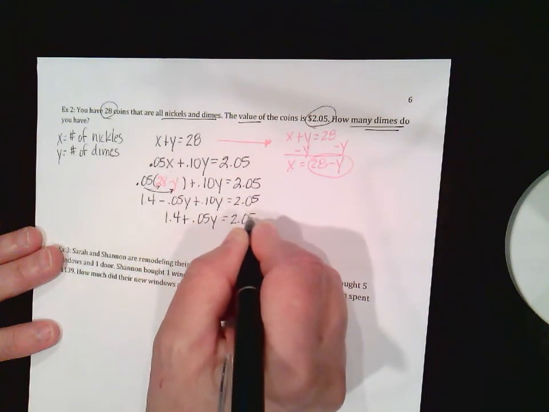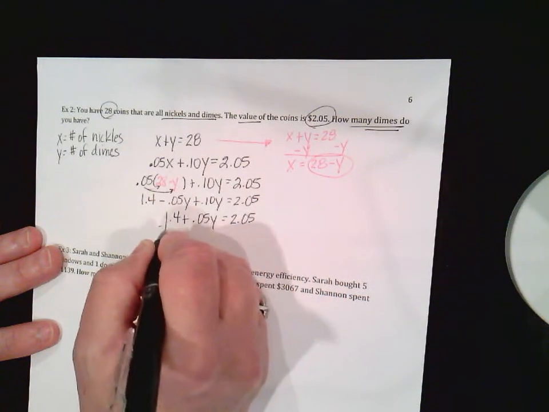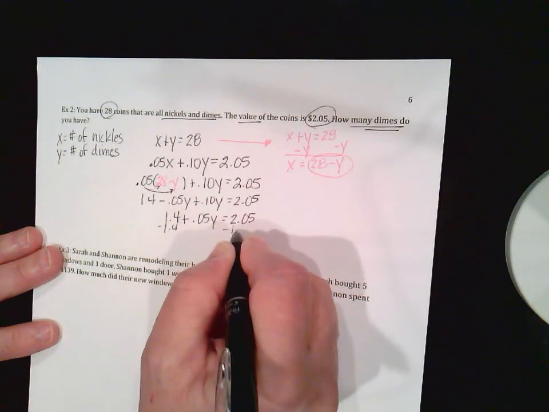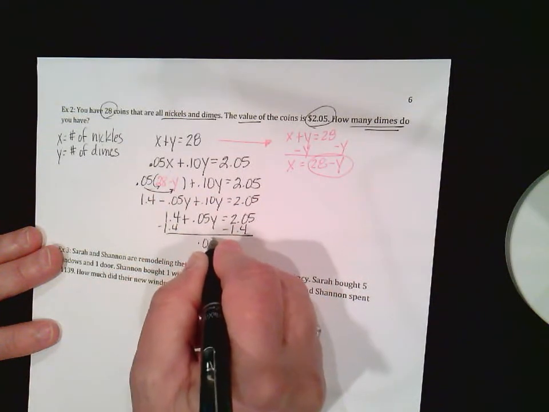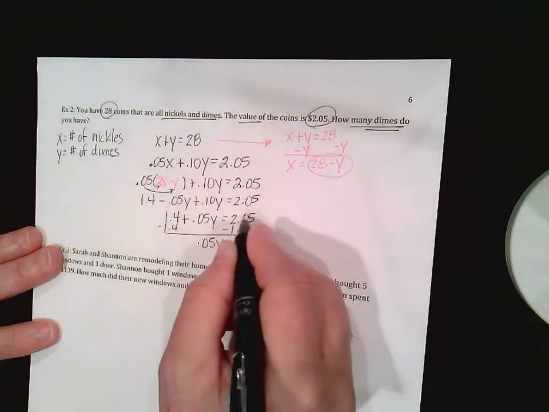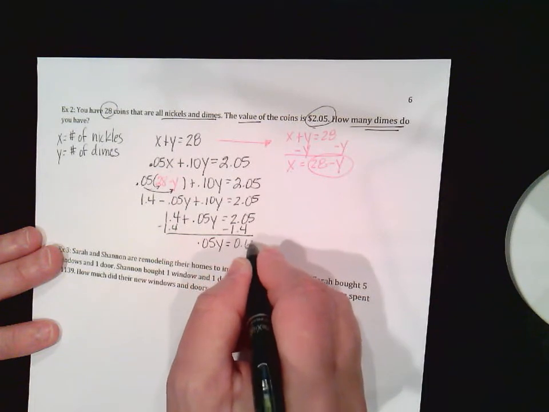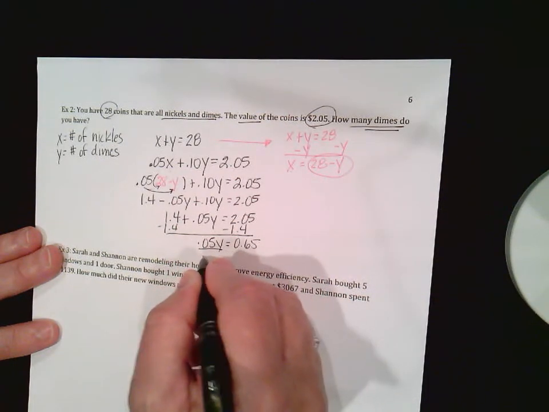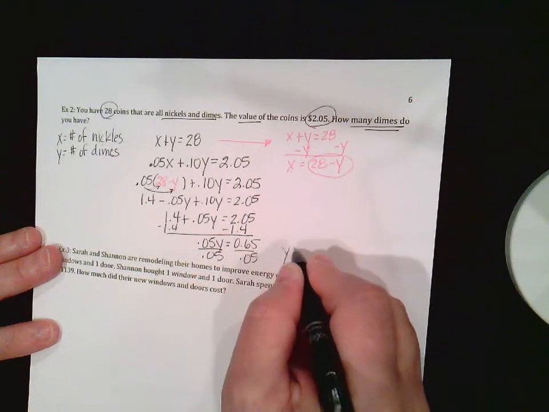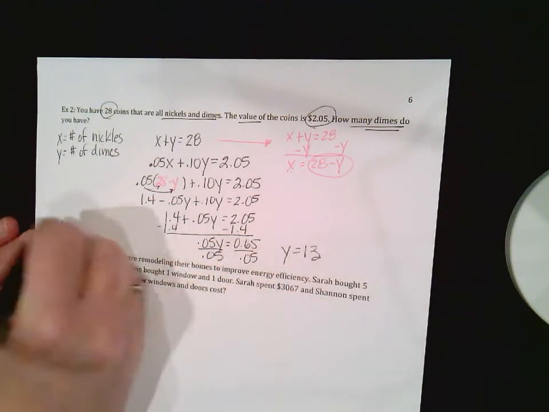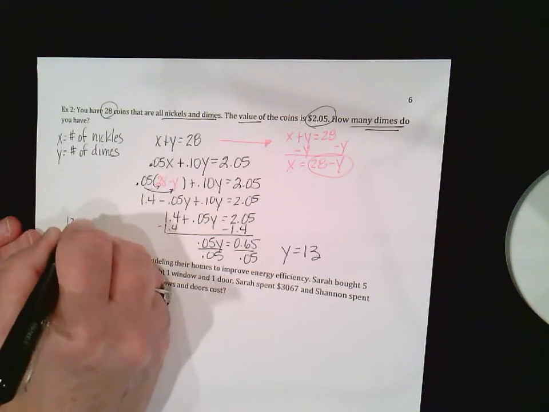I'm going to subtract 1.4 from both sides. And I have 0.05Y equals, and when I subtract those, I get 0.65. Divide by 0.05. And my Y equals 13. So I know that I have 13 dimes.